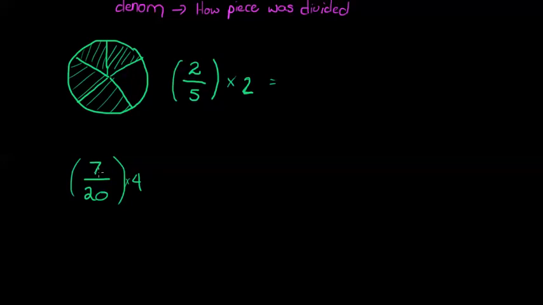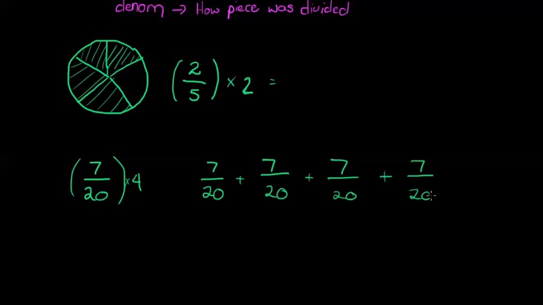Now I multiplied with 4. It means I've got 7 over 20 plus 7 over 20 plus 7 over 20 plus 7 over 20. Remember, multiply means how many times they were added.